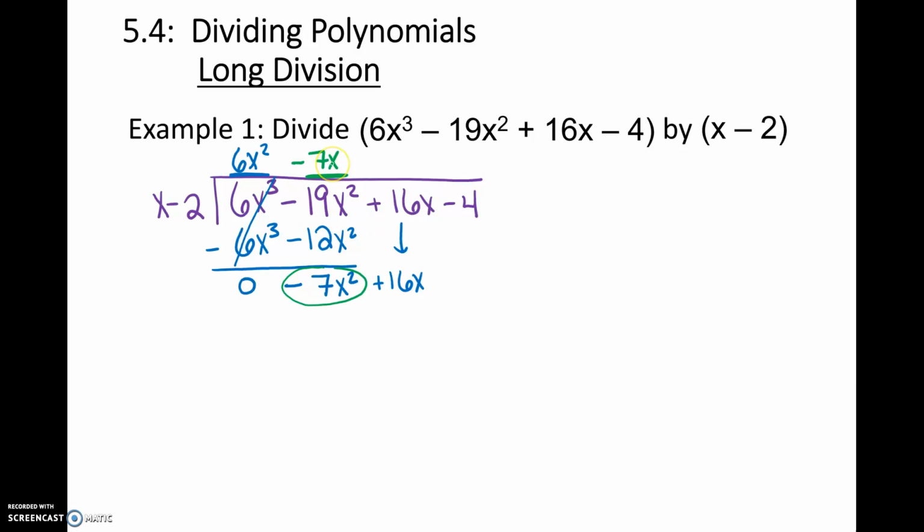Multiply negative 7x to both of these. Negative 7x times x is negative 7x squared. Then negative 7x times negative 2 gives me positive 14x.